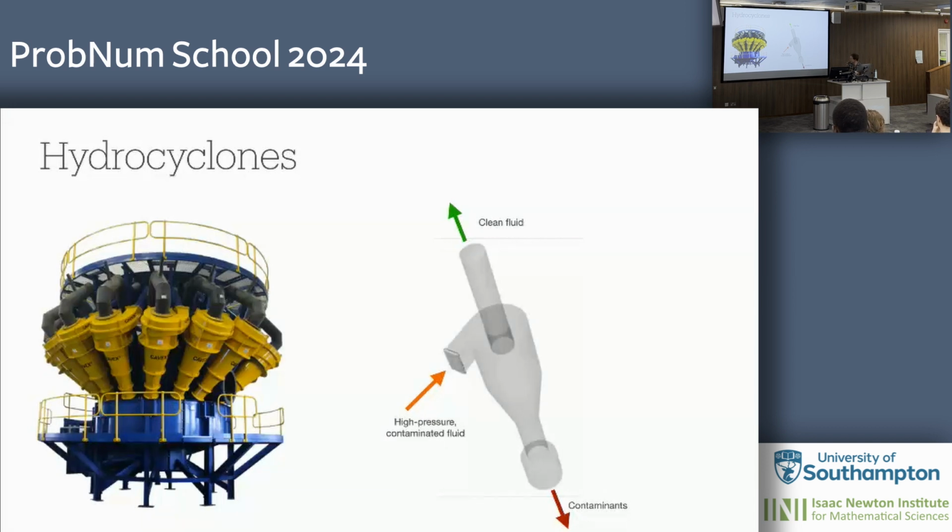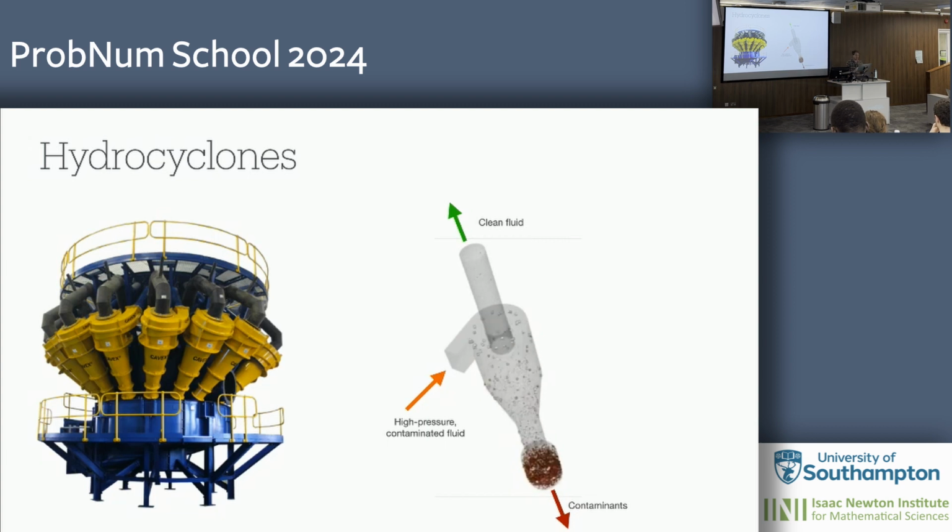So this is a simulation that I have. How hydrocyclones work is that we inject the contaminated fluid at high pressure here. That induces a vortex inside the hydrocyclone. The heavier contaminants move towards the outside, where they can be siphoned off at the bottom, and the lighter fluid stays in the middle, where it can be siphoned off at the top.